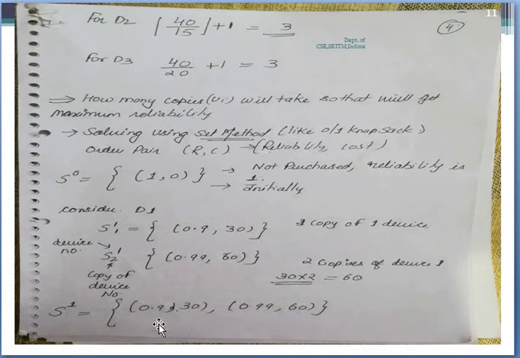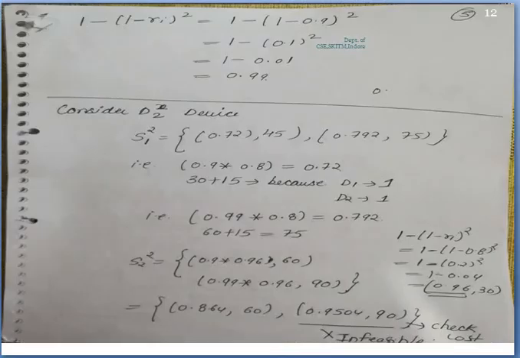After that we calculate S1. S1 is formed from these values: (0.9, 30) and (0.99, 60). If we consider 2 units of device 1, I also have to calculate the reliability.